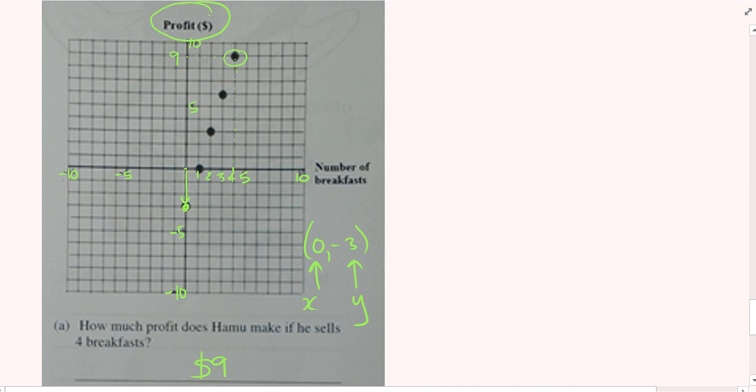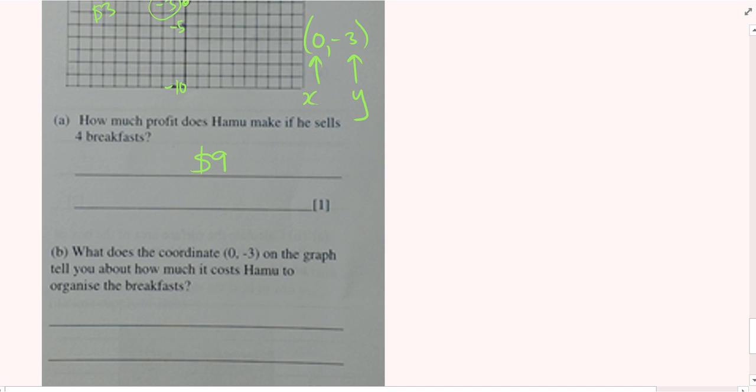Well, the fact that x is 0 means no breakfasts are sold. So number of breakfasts is equal to 0. -3 means that there is a cost of $3 even before he starts selling breakfasts. So when the question says how much does it cost Hamu to organise breakfast, the cost is $3.